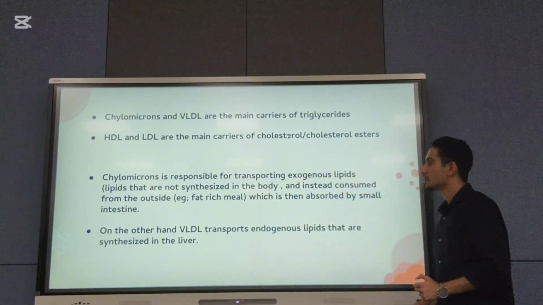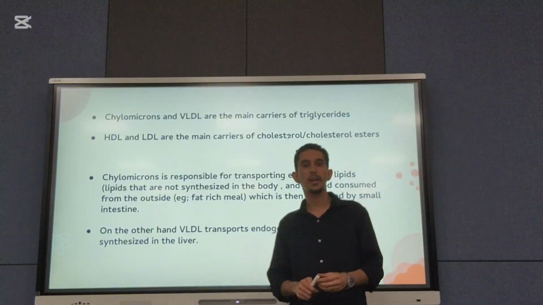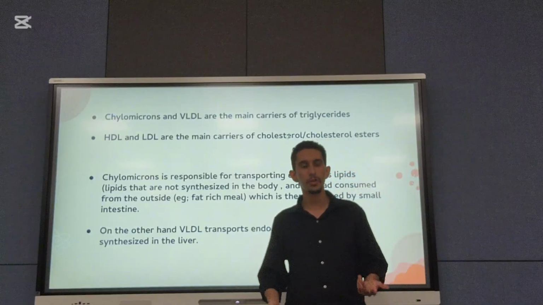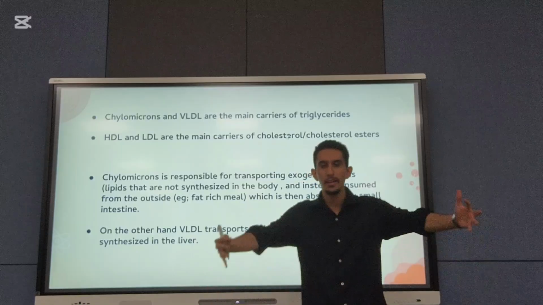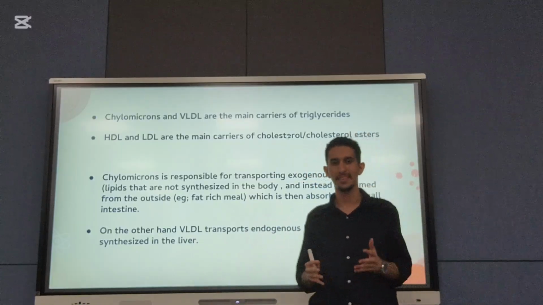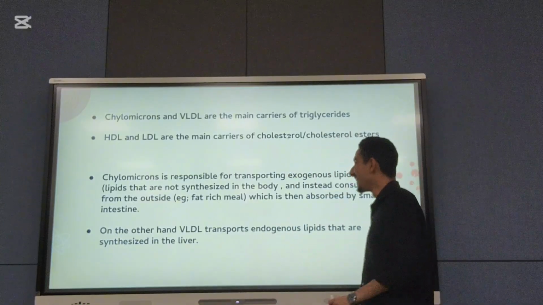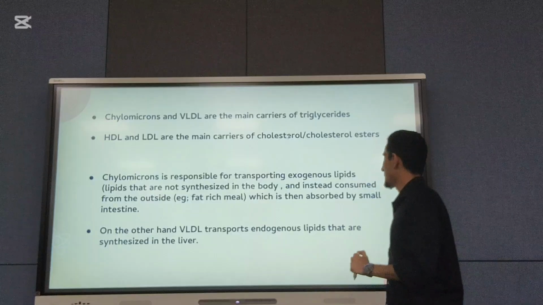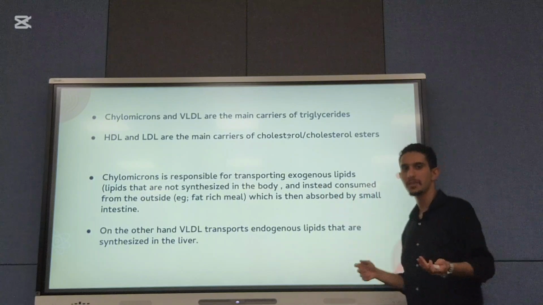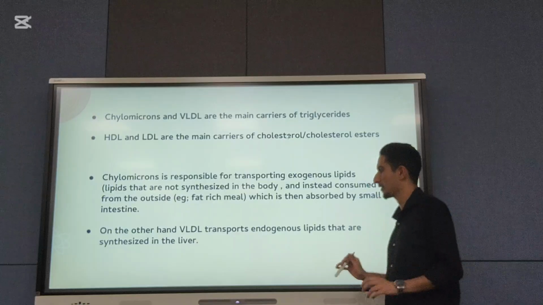So basically, the food comes to the chylomicron. And then what will the chylomicron do? It will take up all the food. So any exogenous lipids in the meal go to the small intestine where they meet with the chylomicron.